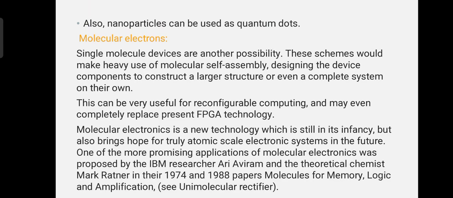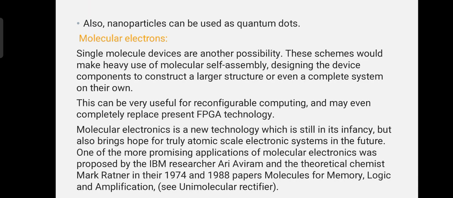They can be very useful for reconfigurable computing and may even completely replace present FPGA technology. Molecular electronics is a new technology which is still in its infancy, but also brings hope for truly atomic scale electronic systems in the future.